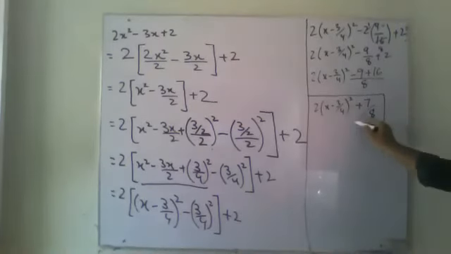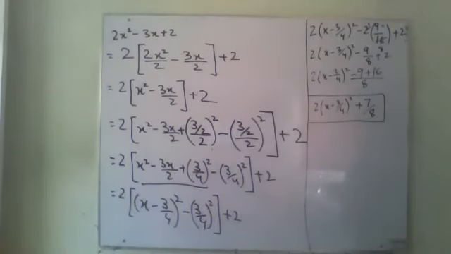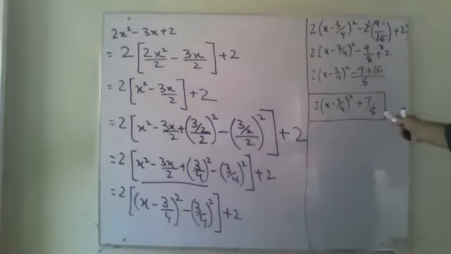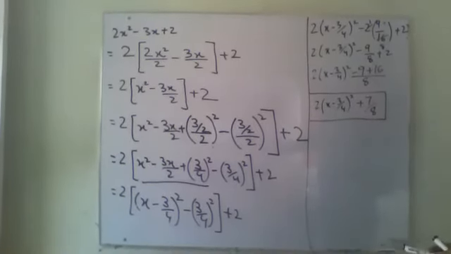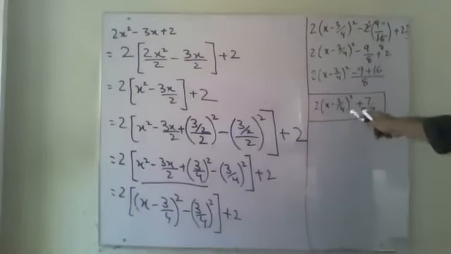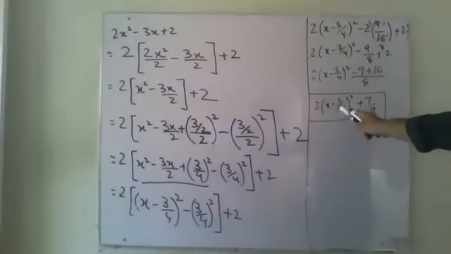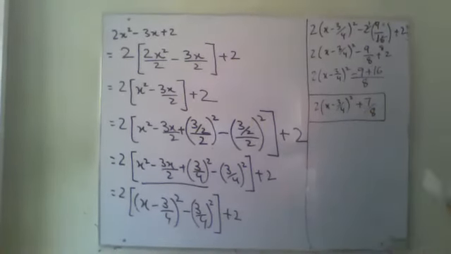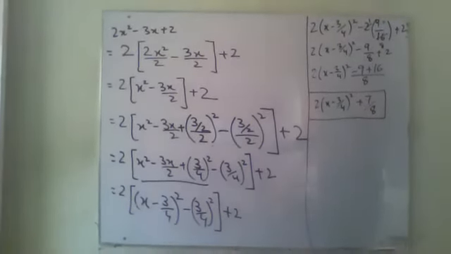There is nothing I can do in this any further. So that is the simplified form of the completing square method. This is the completing square form, because x is inside the bracket and the rest I can't simplify any further. So that's my final answer.